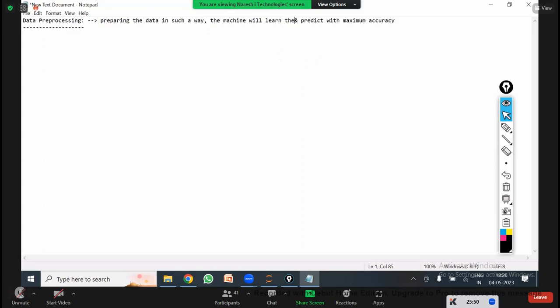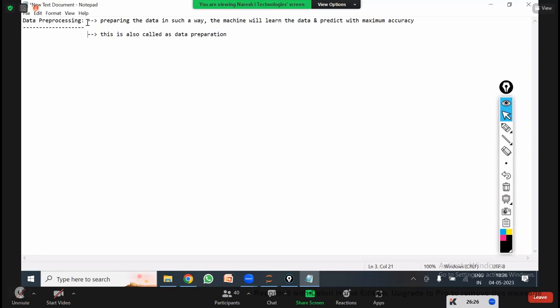That is called data pre-processing. Data pre-processing is also called data preparation. Both are the same, data pre-processing or data preparation.